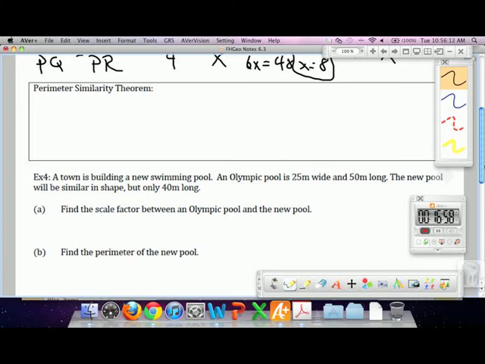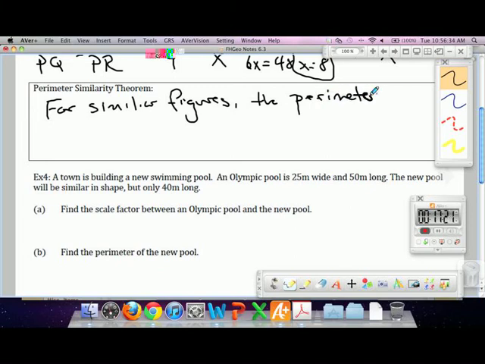I just want to state the perimeter idea, which is simply that for similar figures, the perimeters are proportional to the sides.